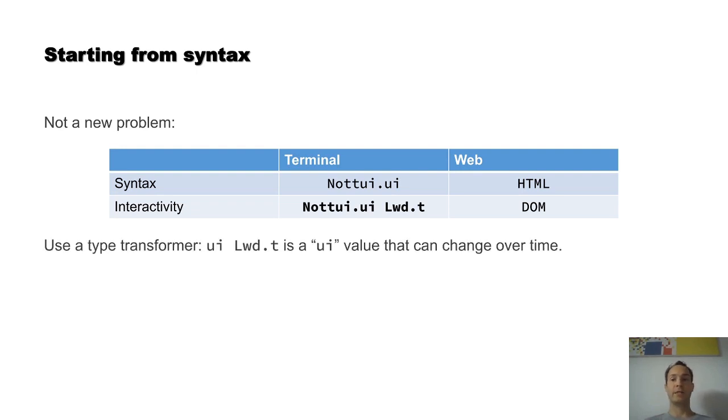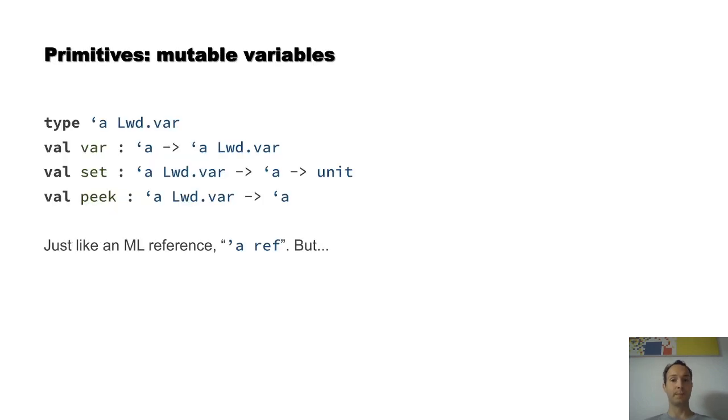If UI is a type of a document, then UI lwd.t is the type of a changing document, the one that can be updated. To build these values, these changing values, we start from mutable variables with the var type. If we look at just these 3 functions, it's exactly like an ML reference.